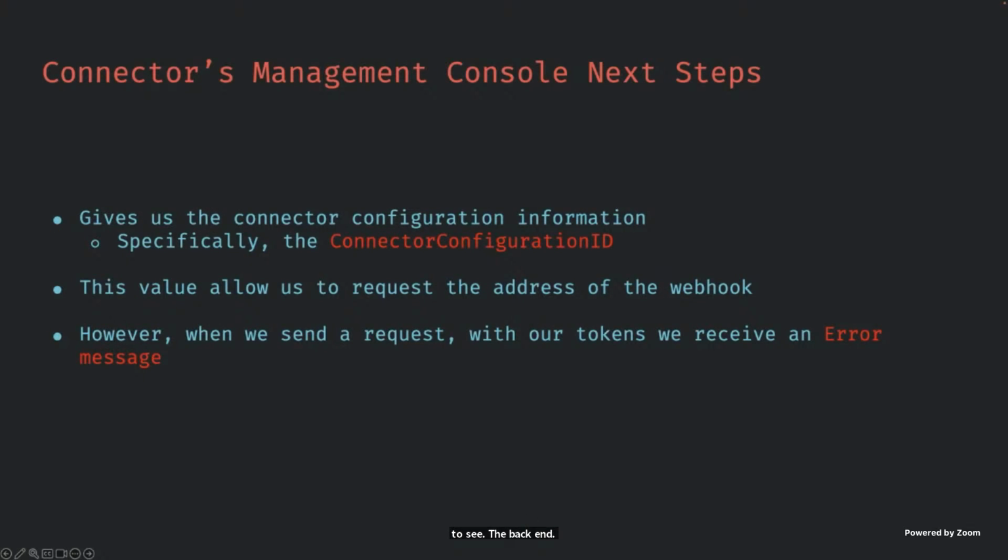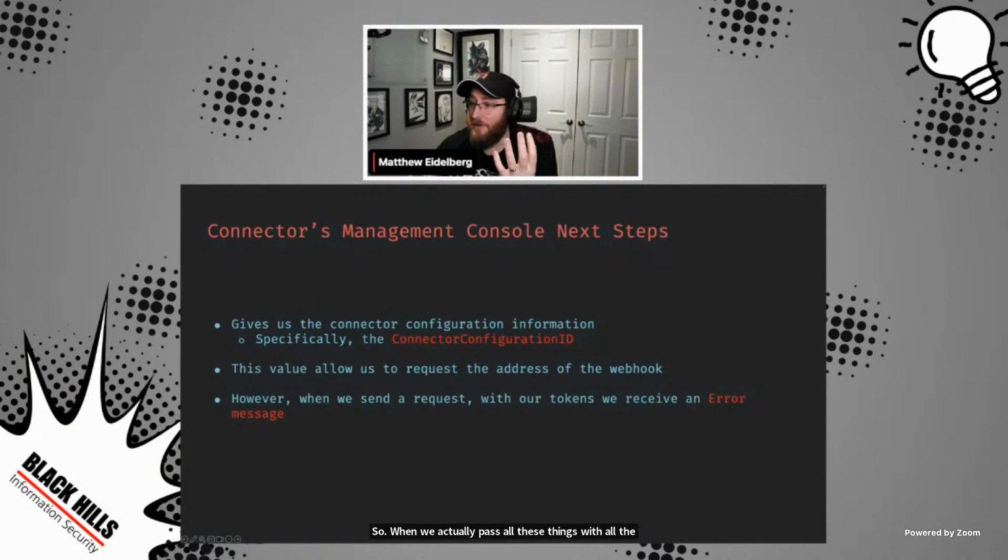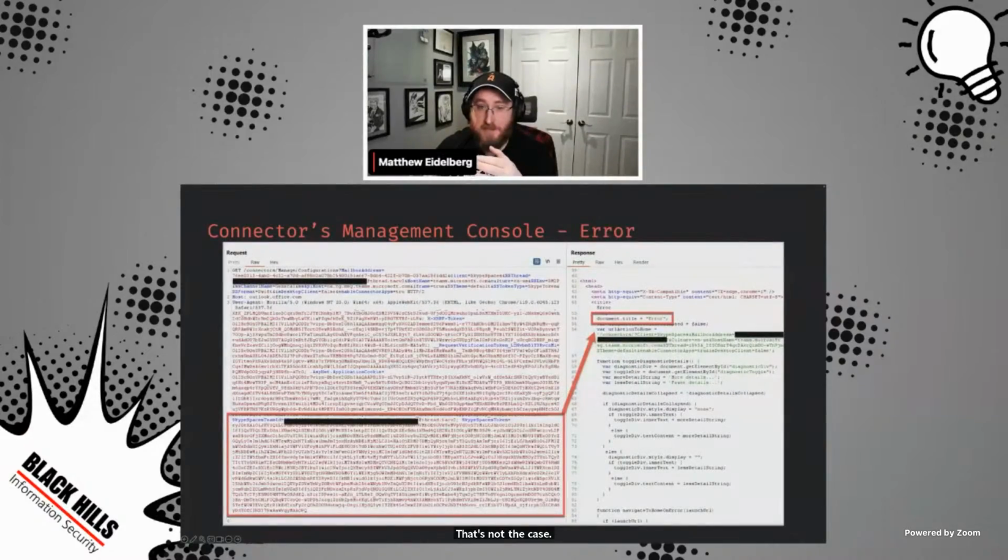When we pass all these things with all the proper values, the proper URL, we start to see some of the weirdness that is the magic of Teams, or how it was developed. Specifically, you'd think with the standard authentication, we would get the access and move on. That's not the case. What we actually get is an error message. This is the example.